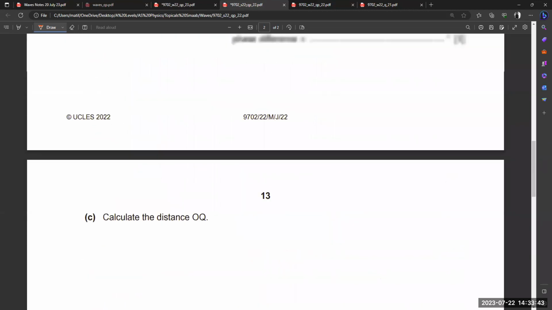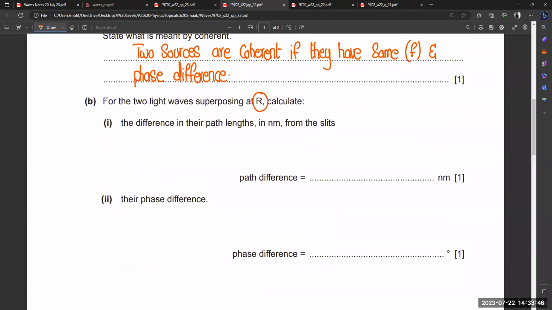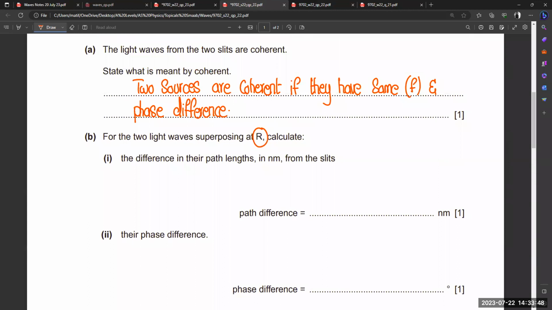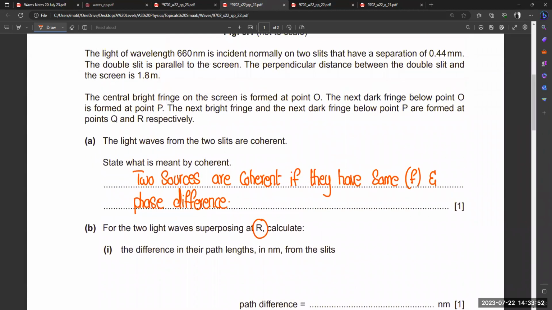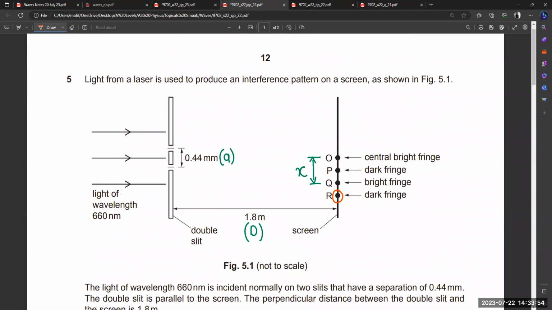What they are asking actually is, for the two light waves superposing, the difference in their path length in nanometers from the slits. Any idea how to solve this part?